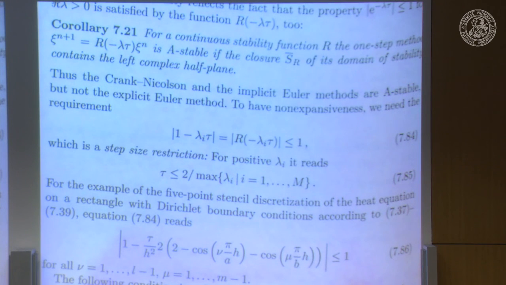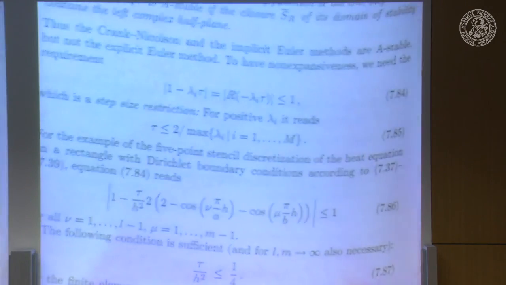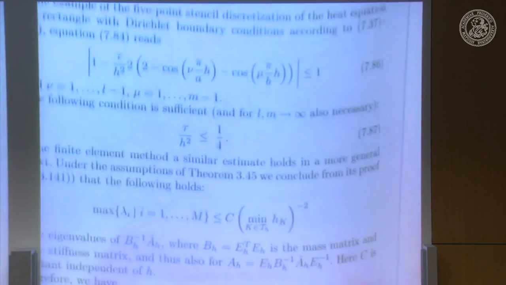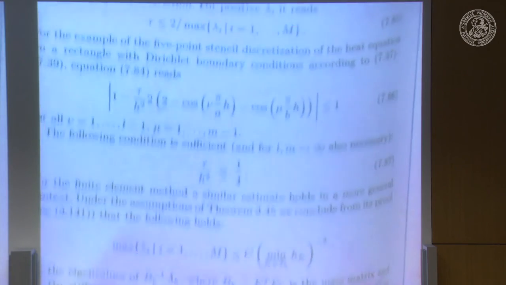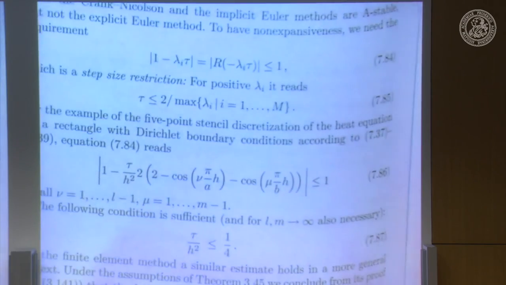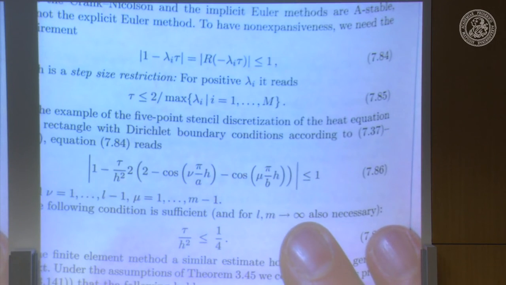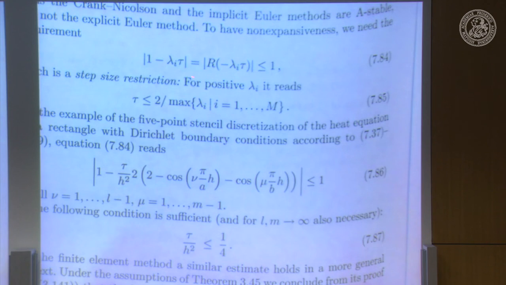Okay, so what we know up till now, let me first maybe finish by looking at this situation. What can we do with the explicit Euler method? We can only get results depending on the eigenvalues, because we need to have that this situation is fulfilled.